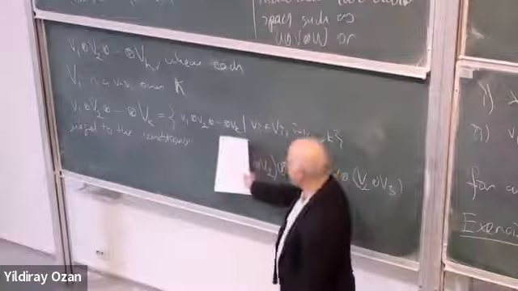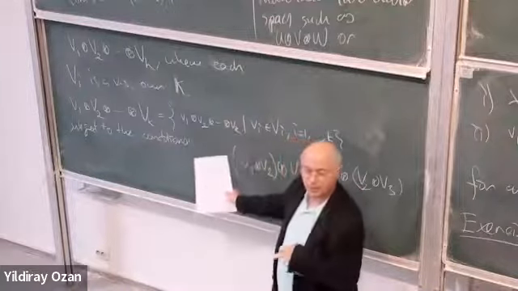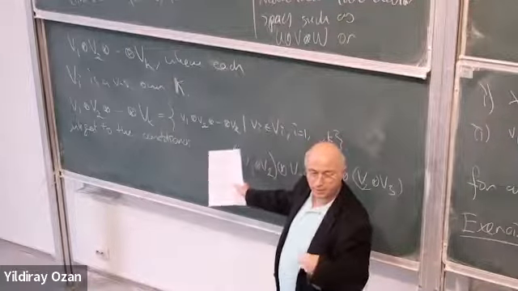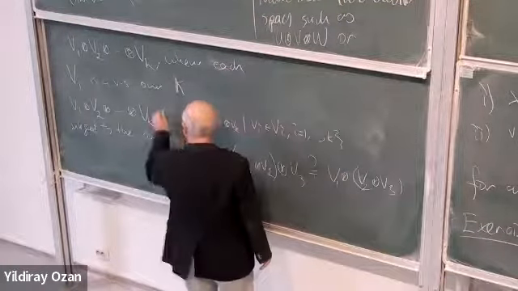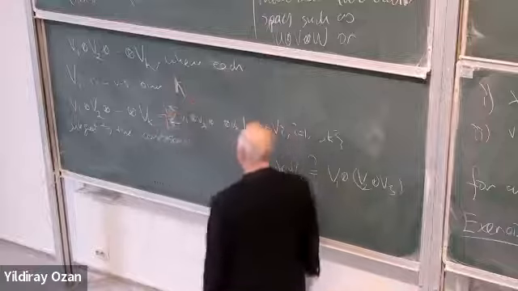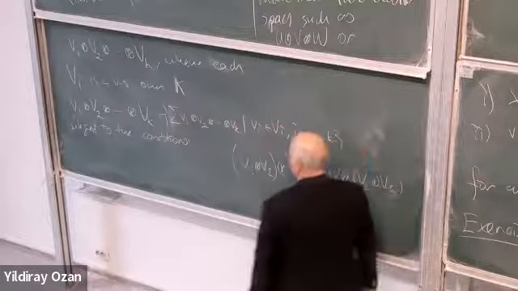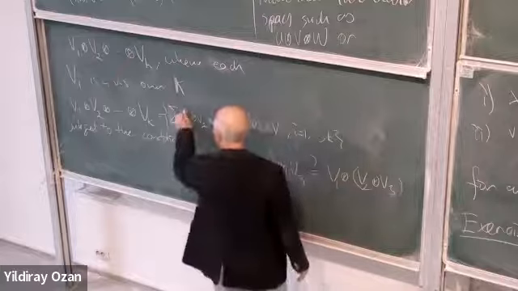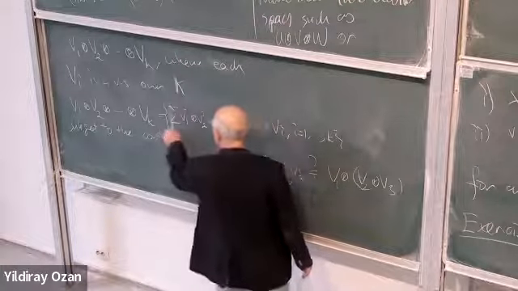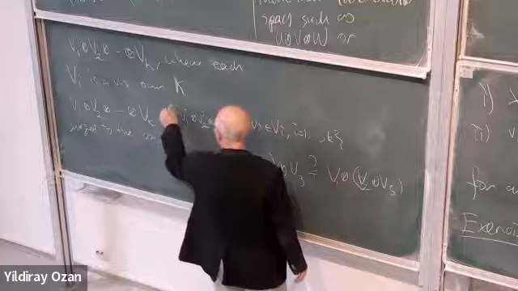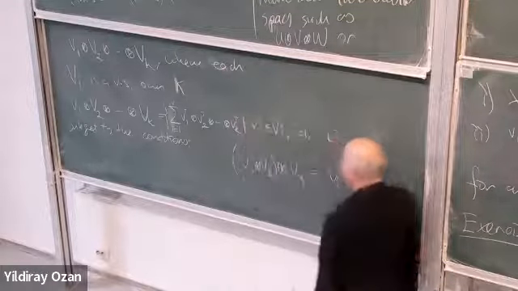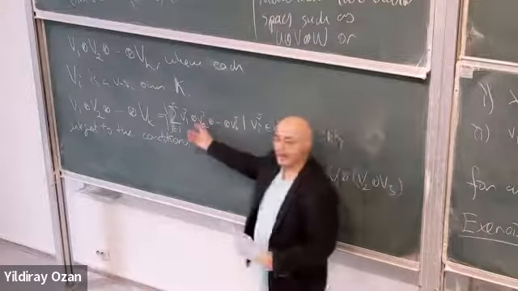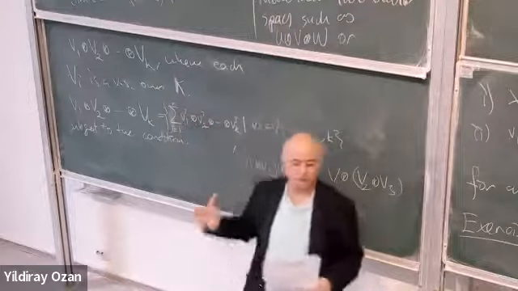A typical element of a tensor product is not this, but actually sums of these gadgets, with j from 1 to 10, let's say. So finite sums of elements of this type.